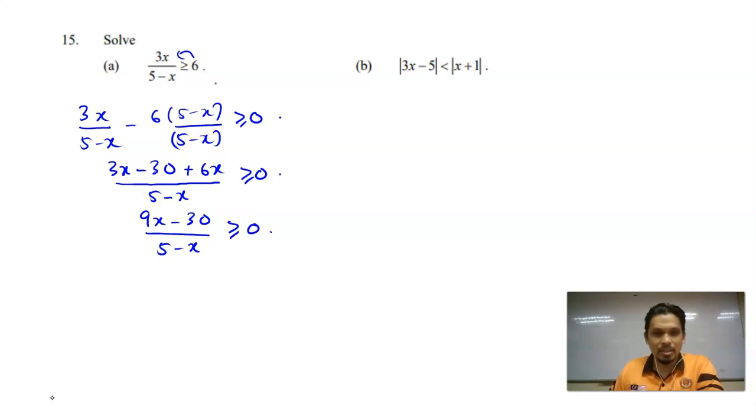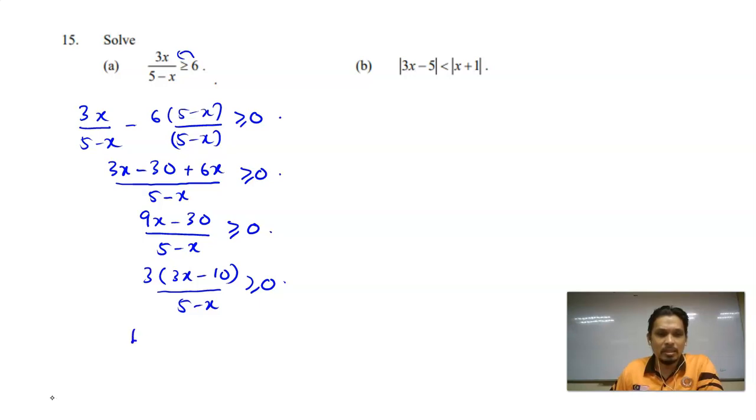For this one, if I recall, factorize with 3, then we get 3 times 3x minus 10 divided by 5 minus x greater than or equal to 0. It's okay, you can either refer to this 9x minus 30 or 3 times 3x minus 10. It's all up to you.